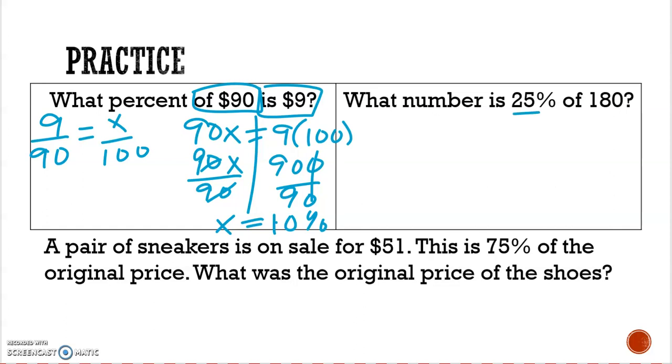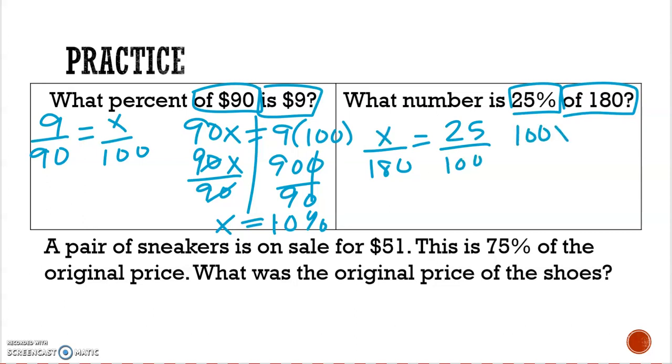What is 25% of 180? That means my 180 is going to go in the of spot, the 25 is going to go in the percent spot, this is always 100, and my x goes there. So this is 100x equals 180 times 25.